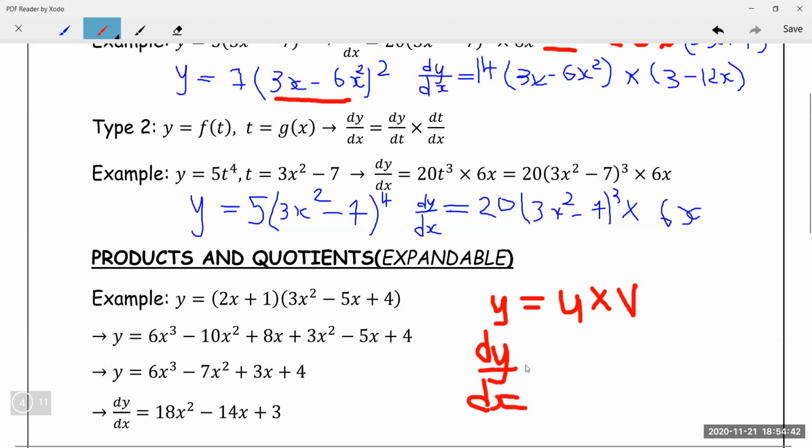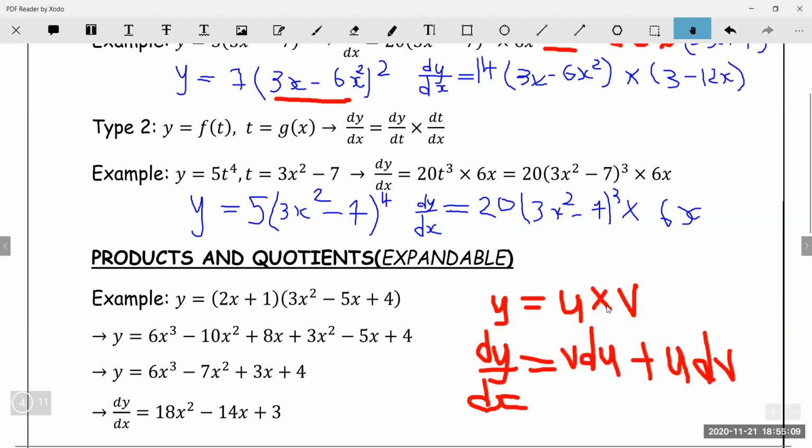This is dy/dx: v, meaning this function v, times du, the derivative of u, plus u times the derivative of v. All right? v du plus u dv.